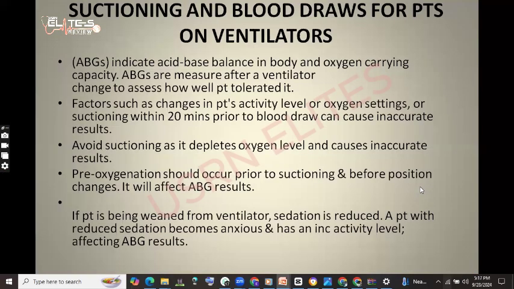I think there's something here at the last part. If the patient is being weaned from the ventilator, sedation is reduced. Most of the time, within the first 24 to 48 hours as soon as you intubate the patient, you will have to sedate them to be on the ventilator for some time because they tend to fight the ventilator a lot. Sometimes they'll be wondering what is happening, and they will not understand.